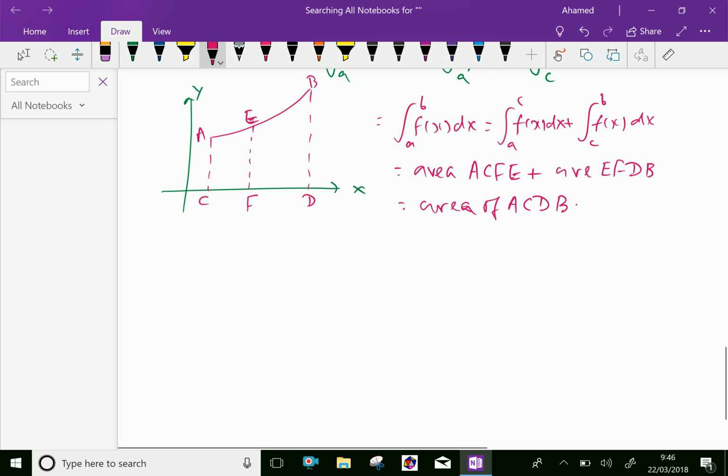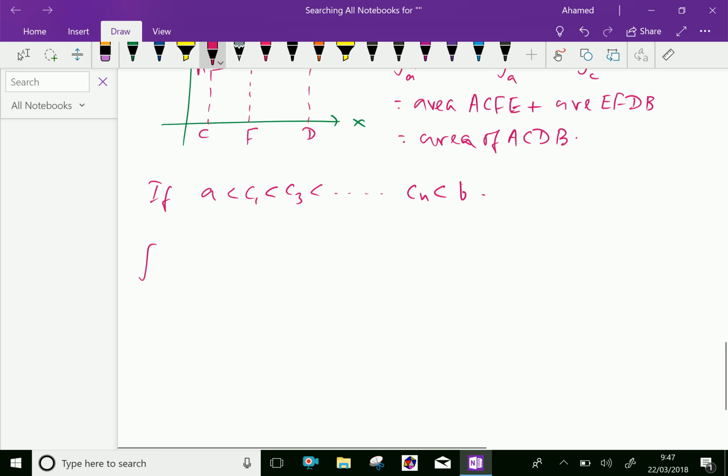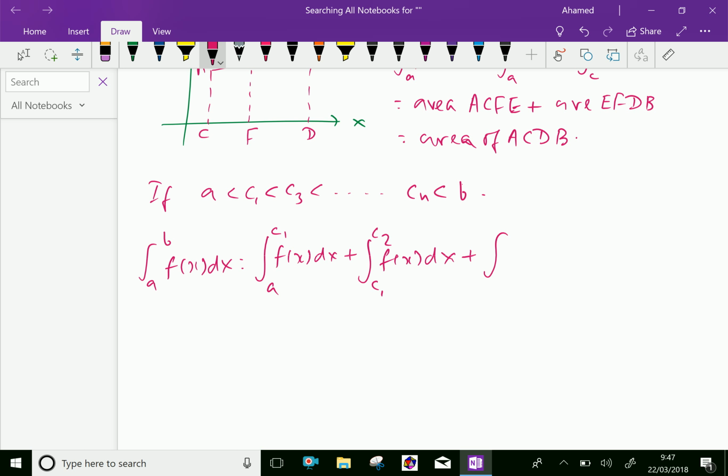In general, we can say the limit A is lesser than C1, lesser than C2, meaning in between you are taking limits C1, C2, C3 like that up to Cn, which is lesser than B. Therefore, in general form, integral A to B f of x dx equals integral A to C1 f of x dx plus C1 to C2 f of x dx plus C2 to C3 f of x dx.